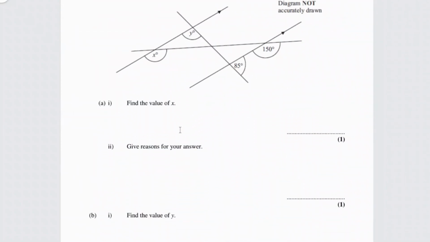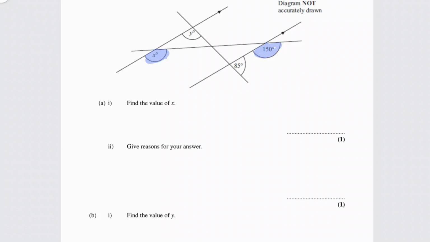So a lot going on in question 4. Find the value of x. Angle x is here, and straight away, how are we going to find that? Well, x must be 150 degrees. That's a corresponding angle over here.